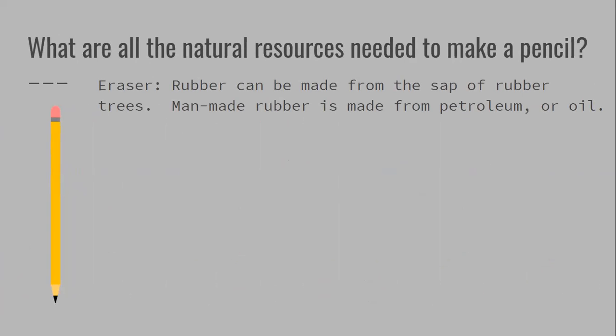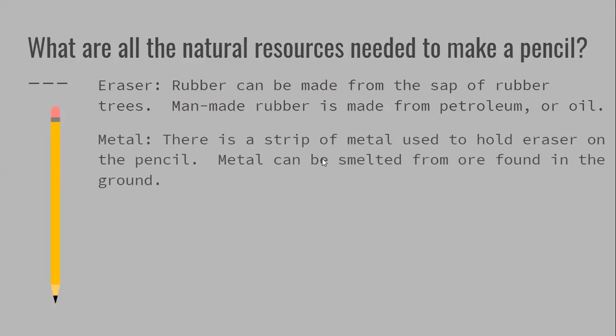Man-made rubber is made from petroleum or oil. These are all things that come from nature. Metal, so this gray part here, there is a strip of metal used to hold the eraser on the pencil. The metal can be smelted from ore that is found in the ground.